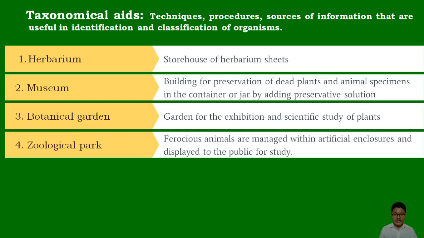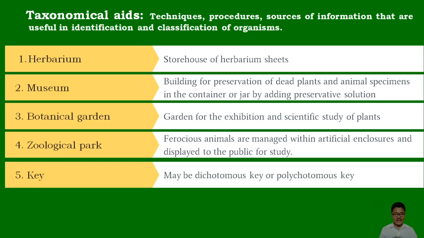So zoological parks have ferocious animals which are managed within the artificial enclosure and are used for study or public display. From zoological parks, we can observe different animals, how they are feeding. We can observe how they are leading their life, in simple words.